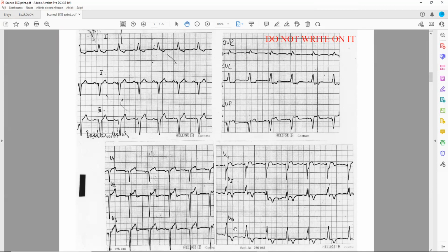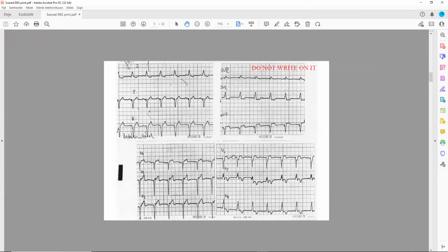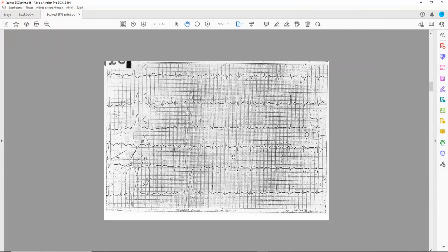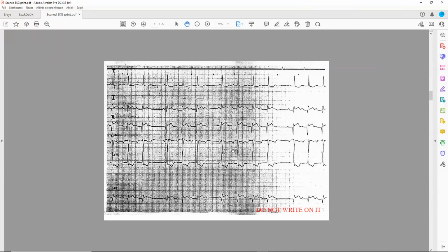If you had an ST elevation, that could indicate an MI. MI always gives you an ST elevation, not ST depression, unless you have a posterior MI, because in the anterior leads you can have exactly the mirror image, the inverted sign of the ST elevation. All right, next one.